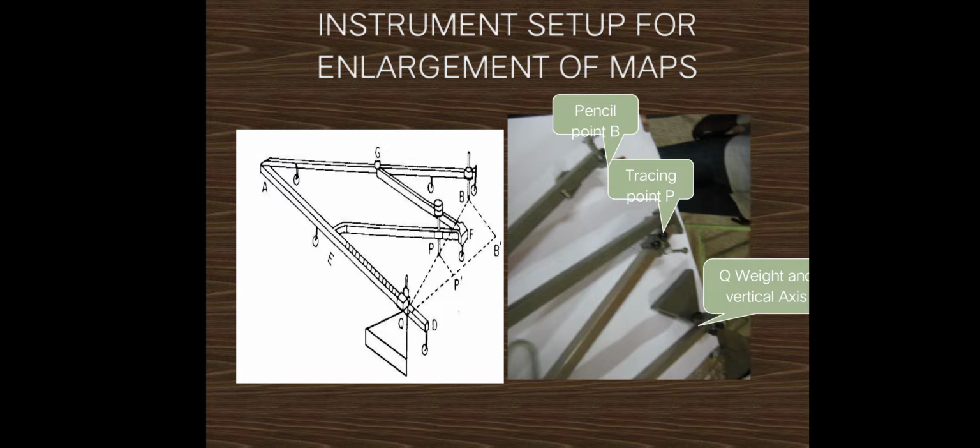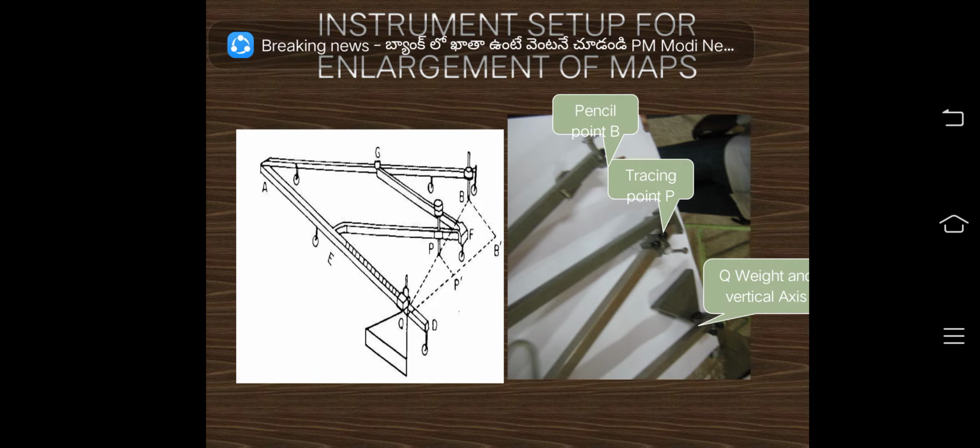And coming to the main procedure involved in enlarging the map: the map is kept at point P, that is the tracing point, and with the help of the tracing point, the corresponding pencil point moves in case of enlargement.